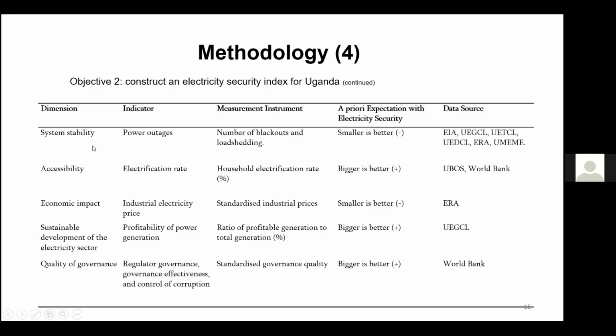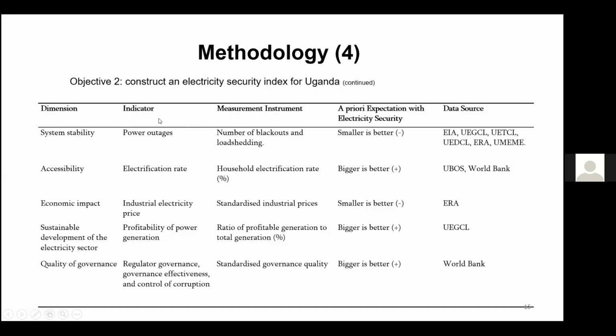Peak load is that time when everyone is switching on gadgets and increasing demand for electricity. 2, the second one under system reliability is the ability to generate enough electricity for the whole year without load shedding issues. And then 3, testing the transmission and the distribution infrastructure.